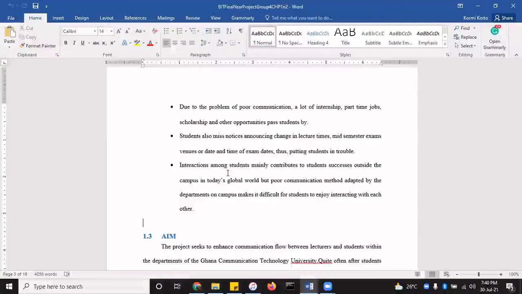Keep in mind that your chapter 2 carries the most weight in your report. If you only have 2 problem statements, trying to write 15 to 18 pages on your chapter 2 is going to become difficult for you.